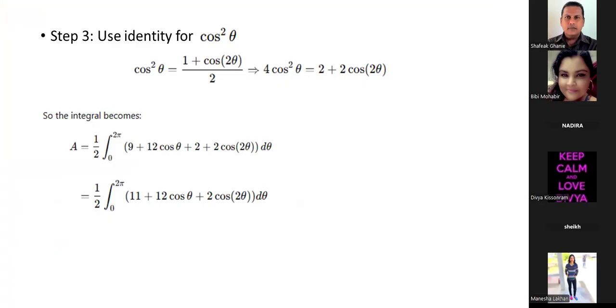When we simplify it, we have half the integral from 0 to 2 pi of 11 plus 12 cos theta plus 2 cos 2 theta with respect to theta.